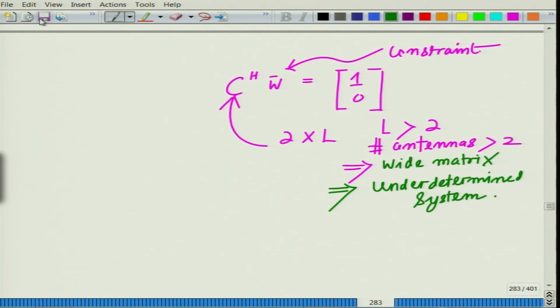So, for L greater than 2, that is when you have the number of antennas greater than 2 at the receiver, 3, 4, 5 and so on, this becomes an underdetermined system.